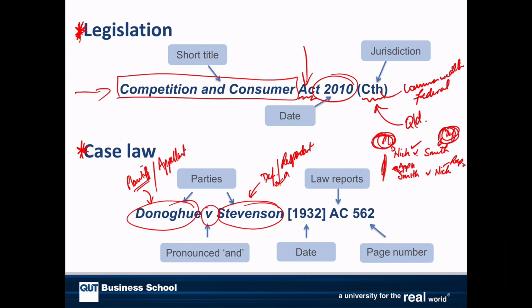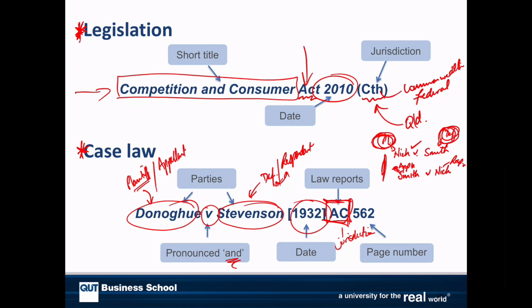Notice the V, which is always pronounced 'and' in civil cases. It's because it's a Latin word, so it's Donoghue and Stevenson. We have the date of the case. We have the law reports, so that again tells us the jurisdiction. And this tells us these are actually British appeals cases.